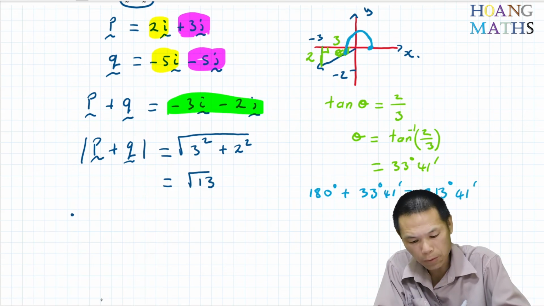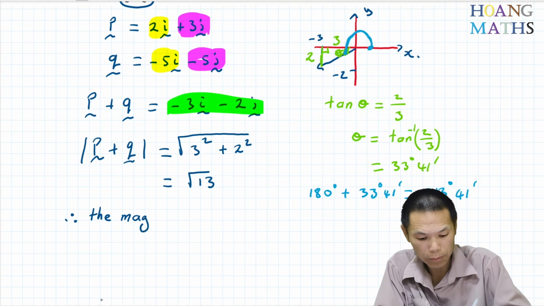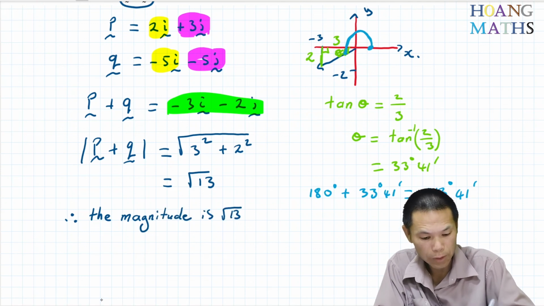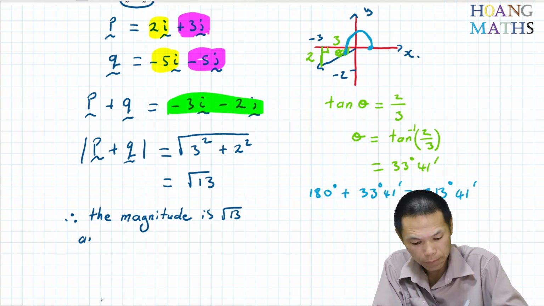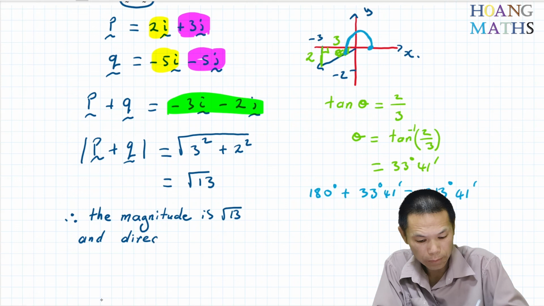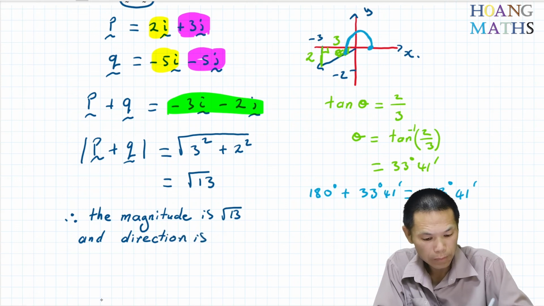So therefore, the magnitude is square root of 13, and the direction is 213 degrees and 41 minutes.